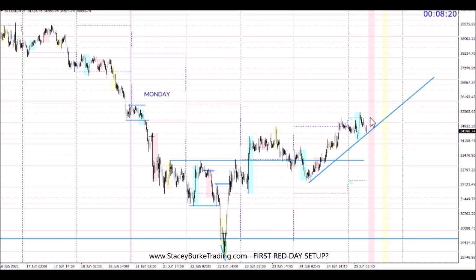This rising structure or channel seems to be holding intact. We haven't retested the high of the week yet, which is Monday's high. It could be squeezing into that peak formation. Obviously, if we break that rising trend line, they could be breakout, pullback, retest, and roll over.